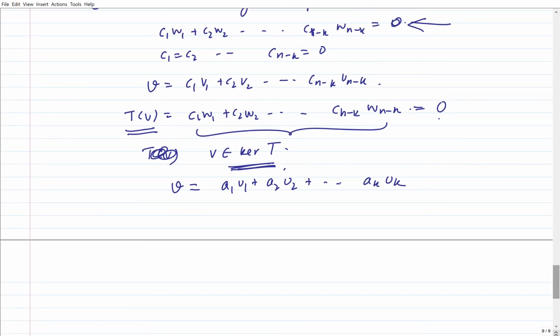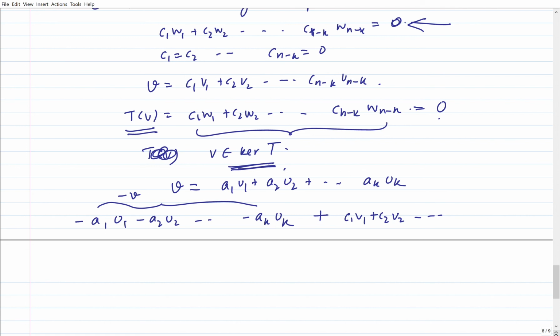Now notice a thing, I have minus A1 U1 minus A2 U2 minus AK UK, which was essentially nothing but minus V, plus C1 V1 plus C2 V2, the original way I defined V, up to Cn minus k Vn minus k equals 0.